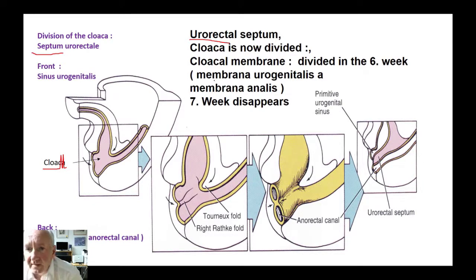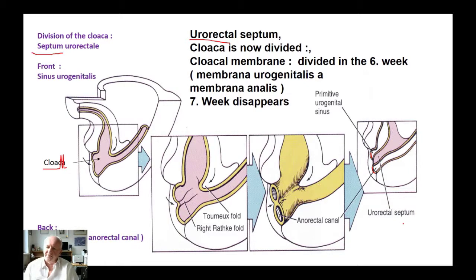So logically, one will be membrana urogenitalis, and the second membrane will be the membrana analis. Nevertheless, they will disappear around the 7th week. 3 weeks later, then is vanishing the oropharyngeal membrane in the cranial region.